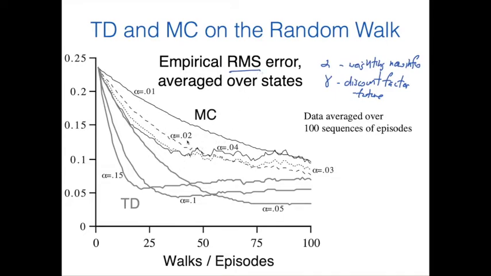And what we're plotting here are the performances of these two algorithms, with four different settings for Monte Carlo and 3 different settings for TD. This is a good example of ways to compare algorithms on any domain. We're going to have a couple of different types of plots like this.